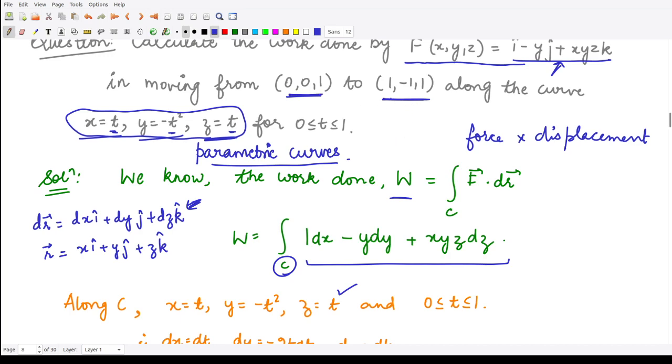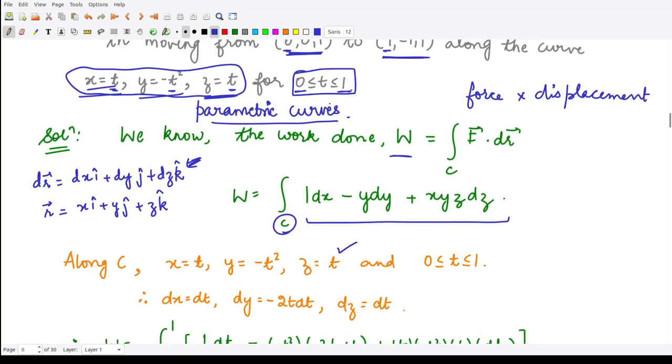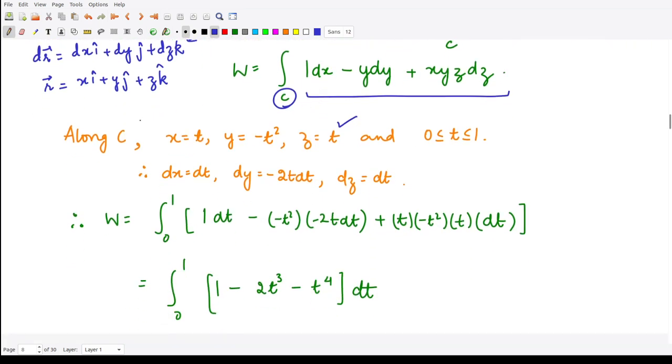We need the limits for t, but they are given in the question: t varies from 0 to 1. Otherwise also you could easily calculate the limits, because x is equal to t and varies from 0 to 1. Moreover, since x is t, when you differentiate it you obtain dx equal to dt.